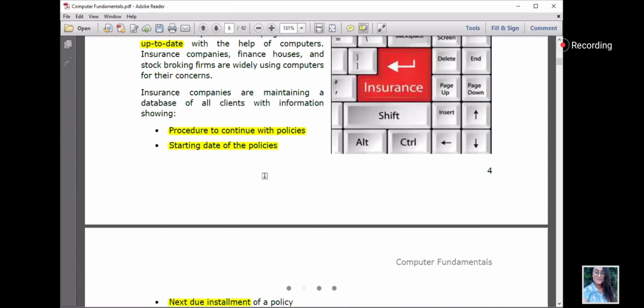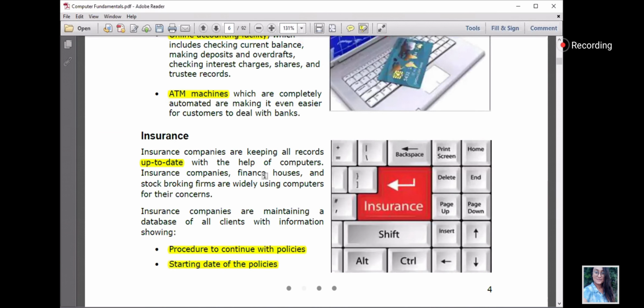So what happens in insurance is that you give the company some money, it might be for your home, your health, your life, or your education, anything. You also give installments, so every month you pay some money to the company.